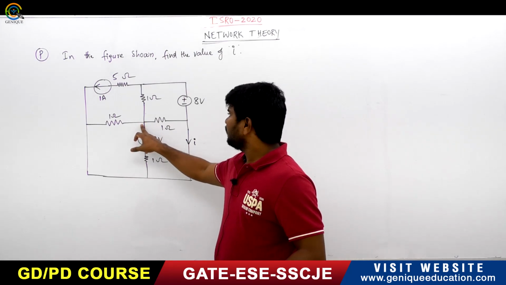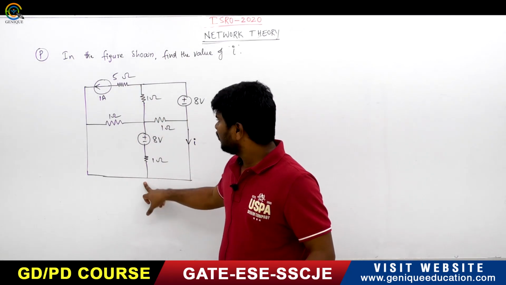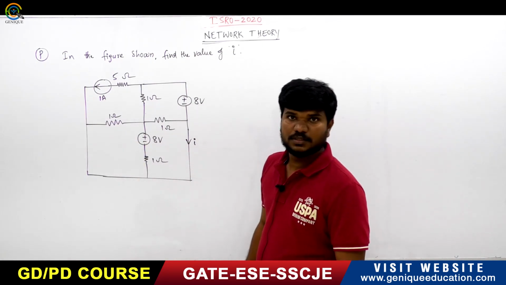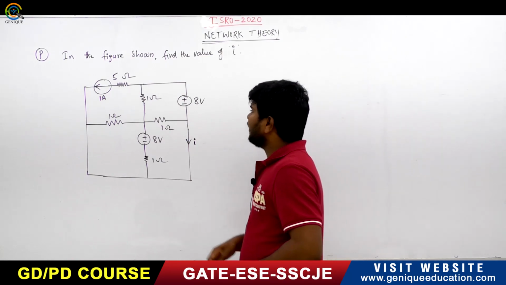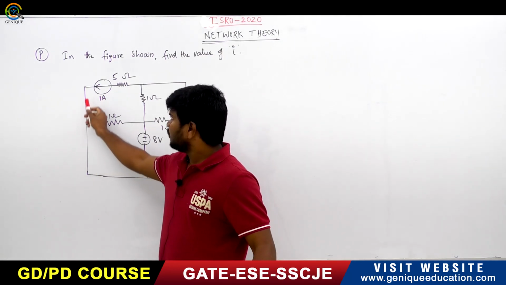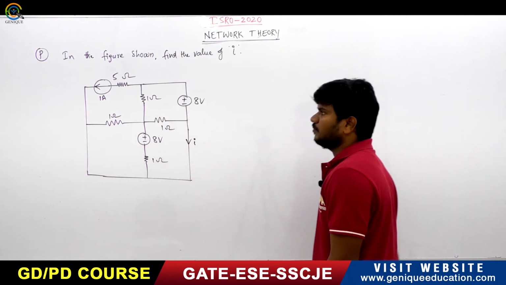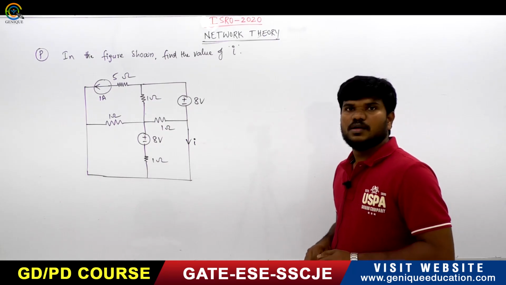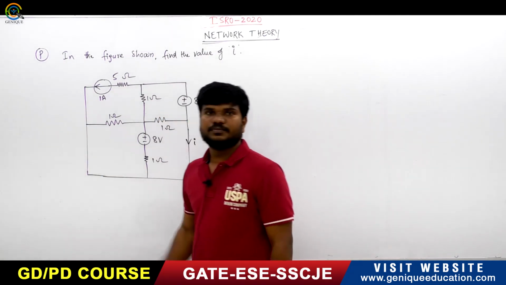See, this is one node, second node, third node, fourth node, fifth node. These many nodes are there. But if you observe clearly, these all are short circuited, so these all are representing a single node. You can assume the same potential at all these nodes.